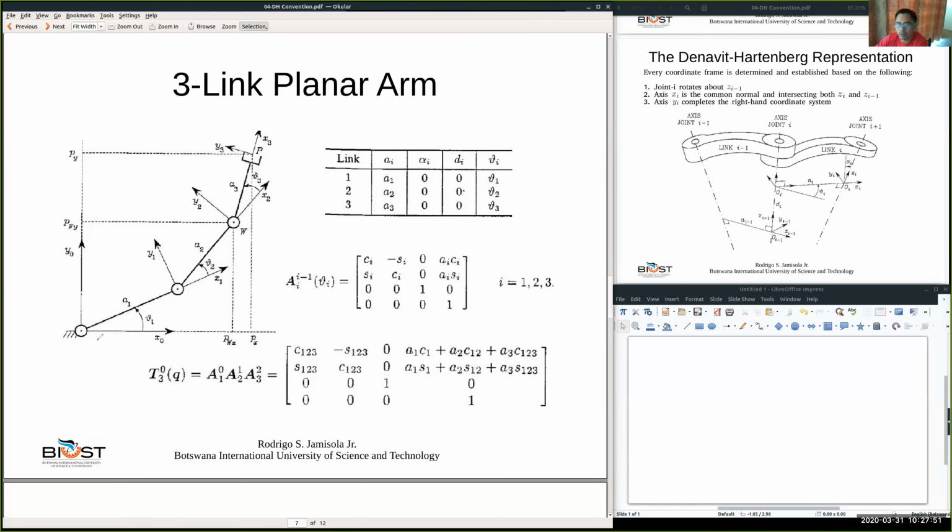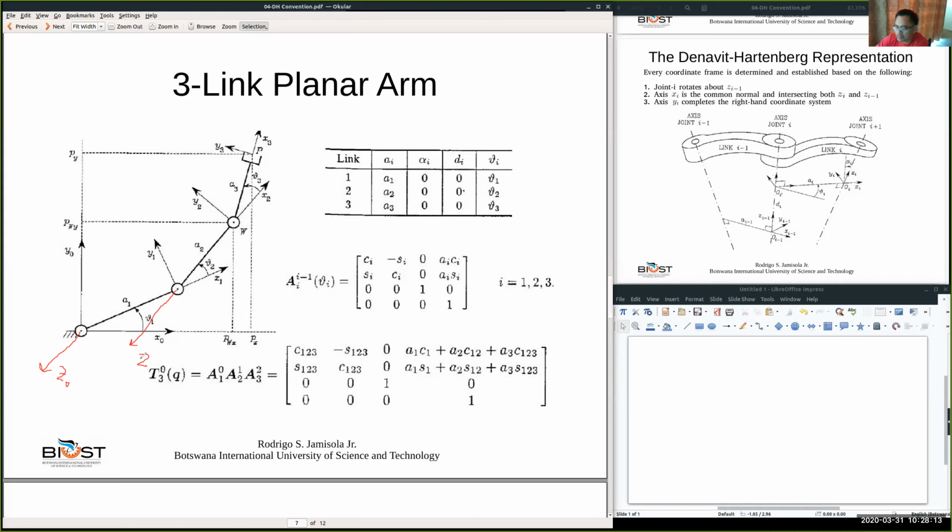Okay, if this is joint i, and this is joint 0, let's just have something like Z0 here. And here will be the Z1 axis, which should be parallel.